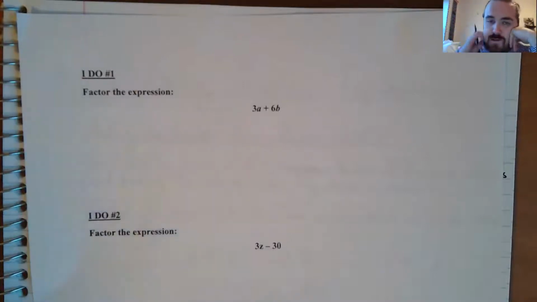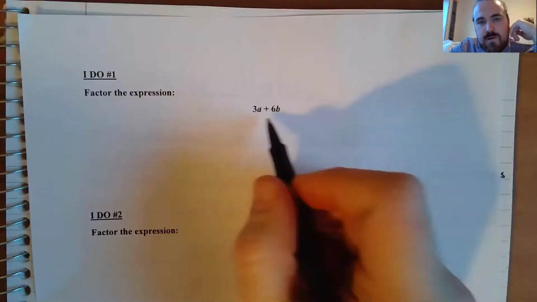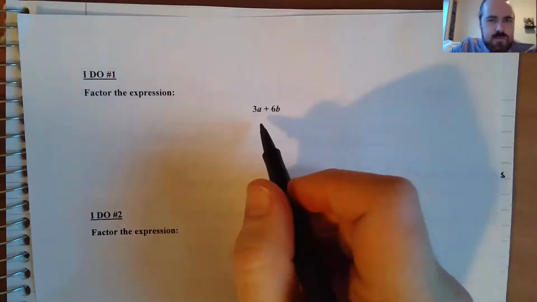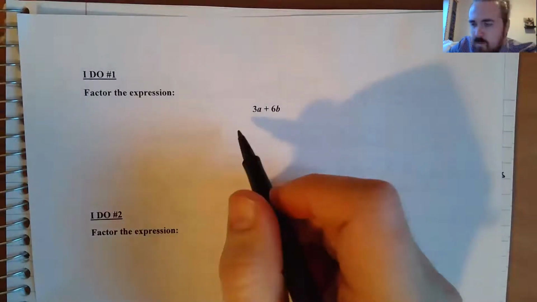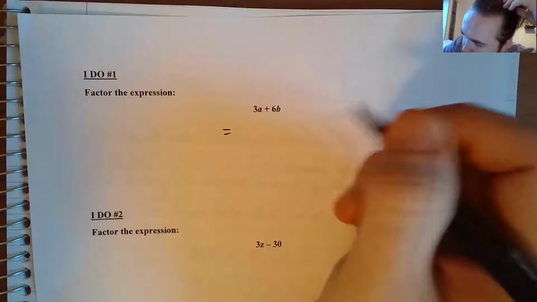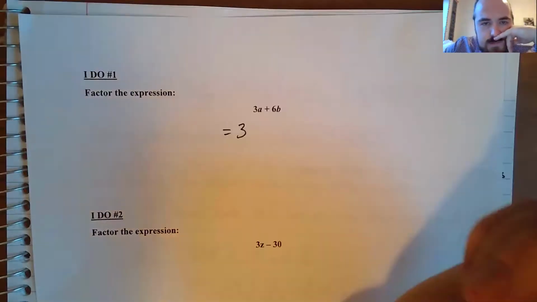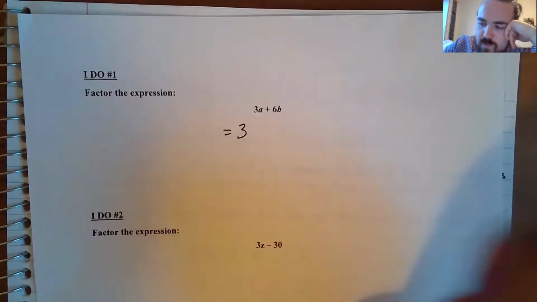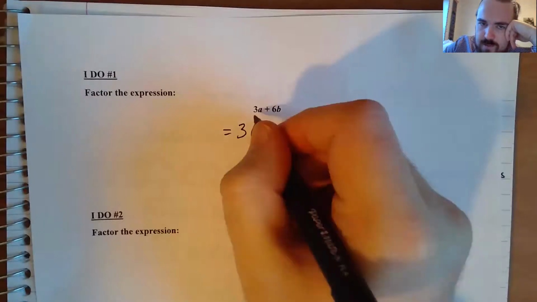So again, every time we're trying to factor, we're asking ourselves, what is the largest thing that both numbers can be divided by? A and B can't be divided. So look at the coefficients, 3 and 6. Well, 3 and 6 are both on the 3's times table, so they can be divided by 3. So I'm starting with 3 outside parentheses. Inside parentheses, what is 3a divided by 3?